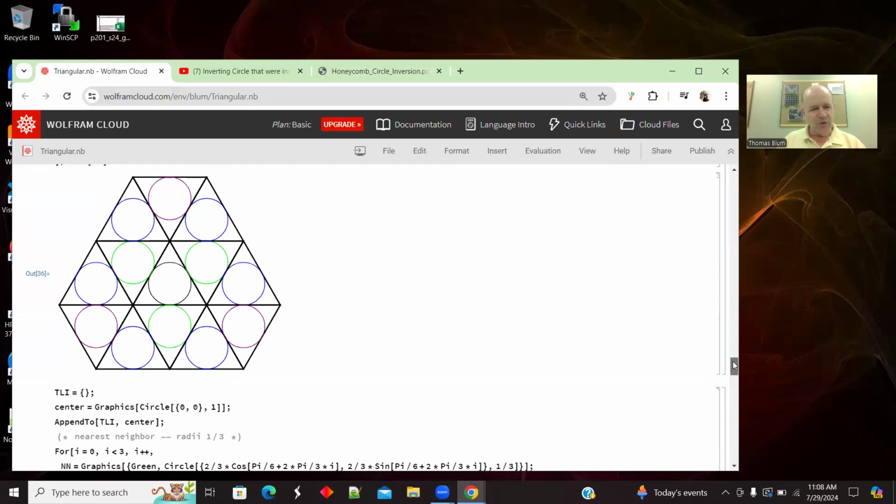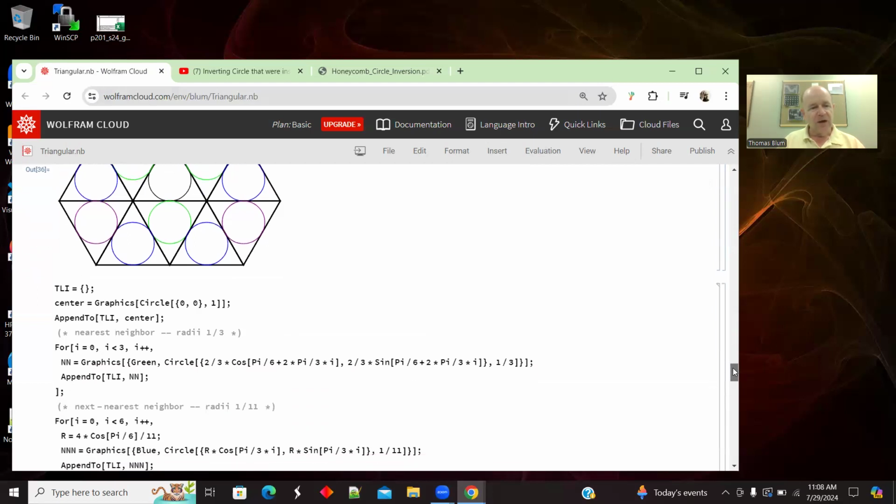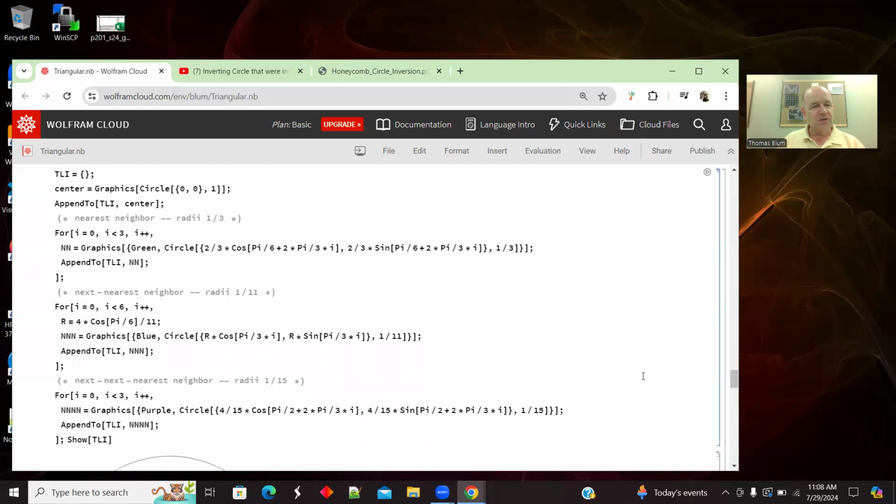Okay, so we'll check that when we do the inversion. And there were 3 of those. So there were 3 original nearest neighbors, 6 next nearest neighbors, and then the next nearest neighbors I'm drawing down here in purple.